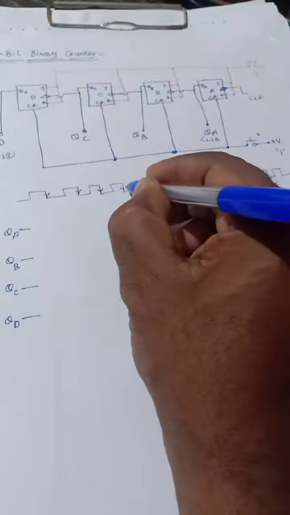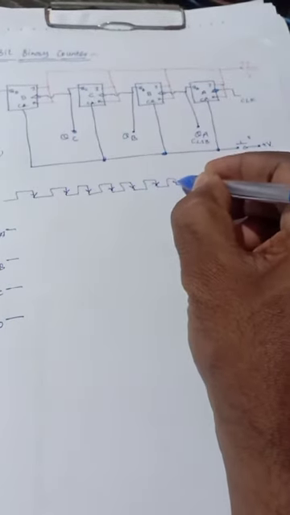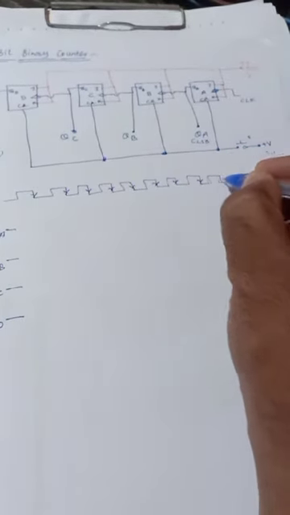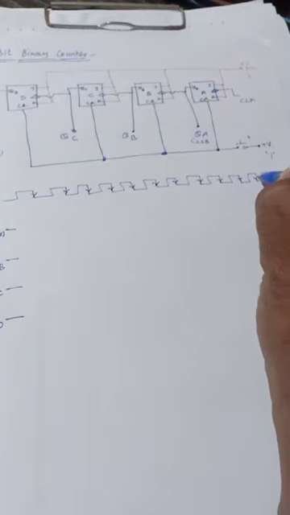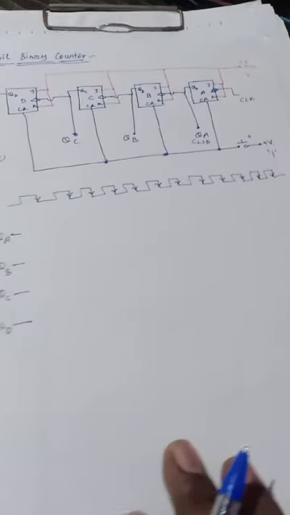This is the most useful thing to draw the timing diagram: you have to mark the falling edge of this clock. Okay, so you have to mark this first.